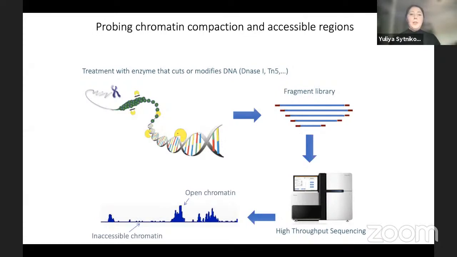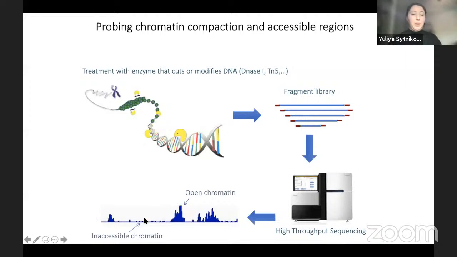That could be DNase I, micrococcal nuclease, transposase, as well as different DNA modification enzymes like DNA methylases. Basically, the more accessible the chromatin is, the more cuts or modifications you have in this region. After this type of treatment, you isolate DNA, make a library from the fragments, or fragment it separately and make a library, and then do high throughput sequencing and assess chromatin accessibility.